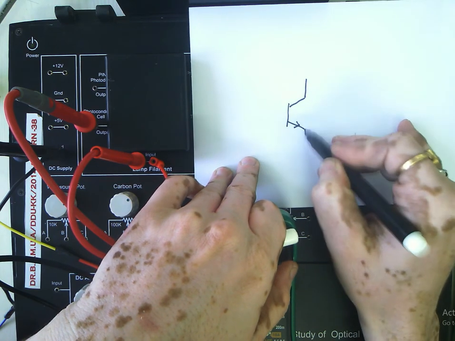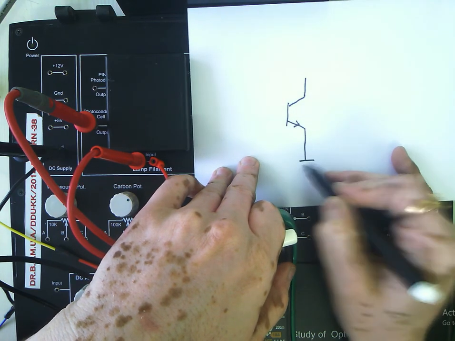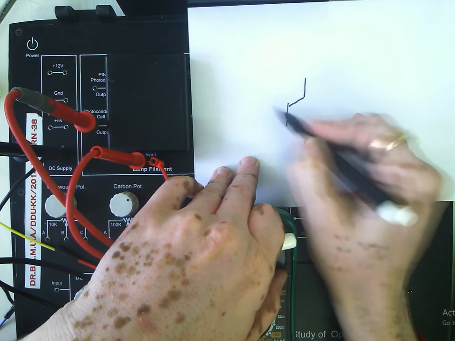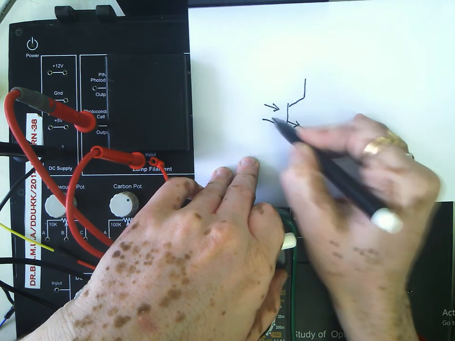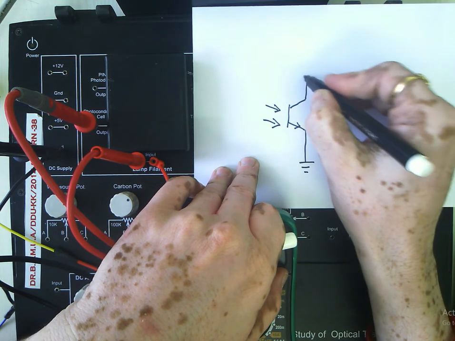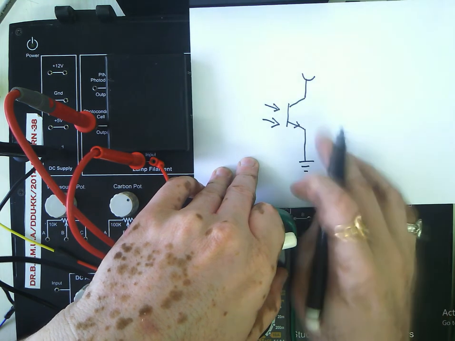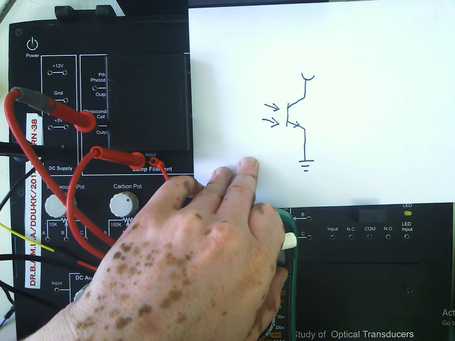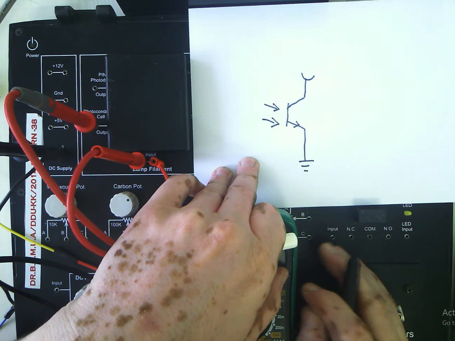This is an NPN type transistor actually. The emitter is connected to ground. This indicates that we are talking of a phototransistor. And you see, this is the test terminal. So the collector is directly connected to the test terminal. There is no additional, I should say, component.